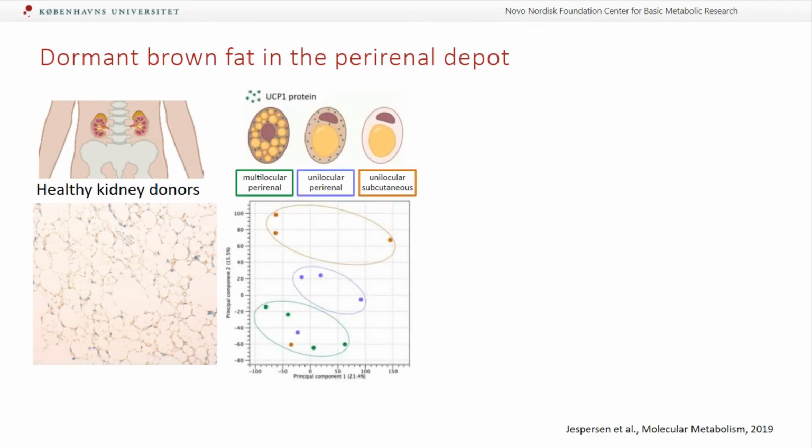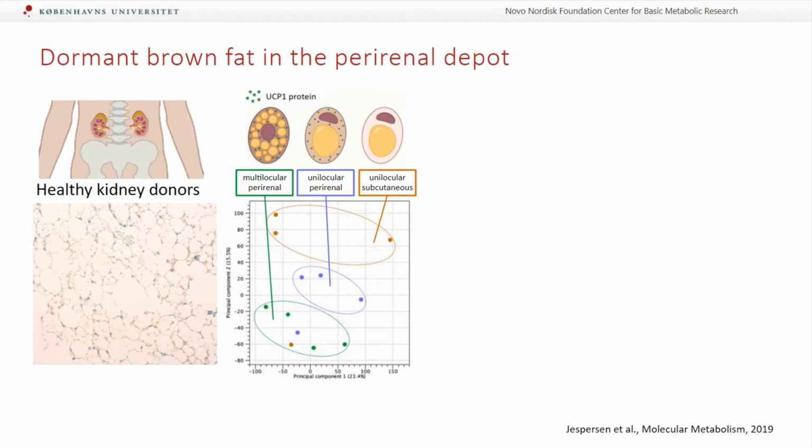So we compared this at a global level with RNA sequencing analysis, and we could see that there was a separation between the subcutaneous adipocytes, which you see here in the top circle, and in the middle circle you have the unilocular perirenal, and then the green samples are the multilocular perirenal.